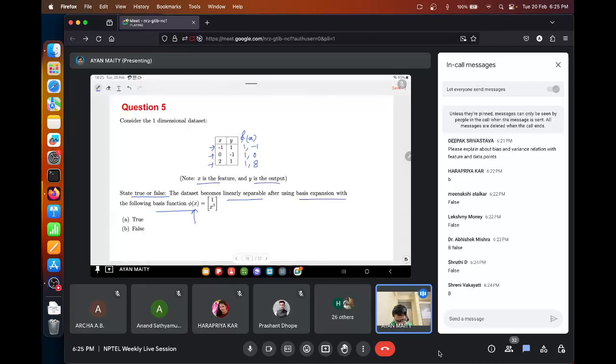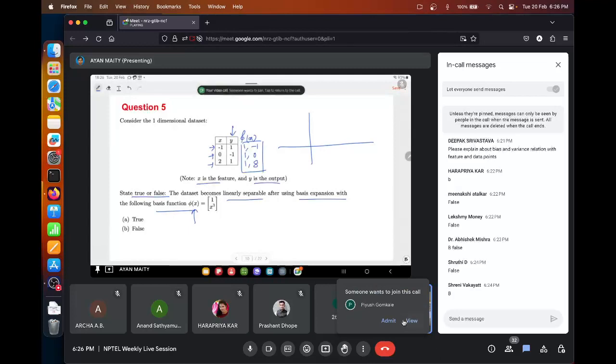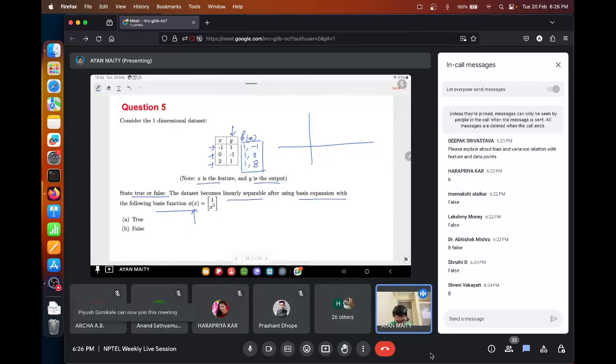So these are the three two-dimensional points that we have, and we have the corresponding y values. We just have to plot these points and see whether they are linearly separable or not. The first point is 1 comma minus 1, so it will be somewhere here, and y value is plus 1, so I am writing plus 1.